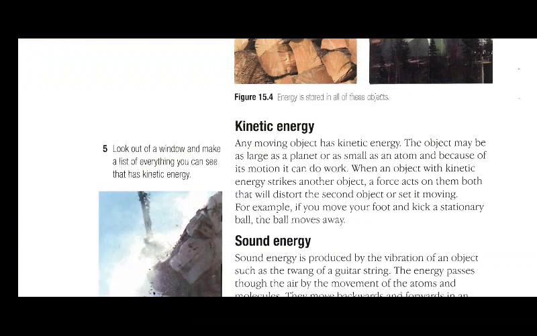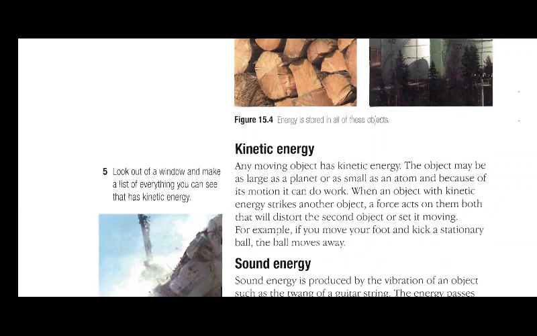Now, we also saw that energy has two types. The first type is stored, also known as potential energy, and the other type is movement energy, also known as kinetic energy. Under stored energy, we saw three forms. Gravitational potential energy is the energy possessed by objects that are at some distance above the ground.